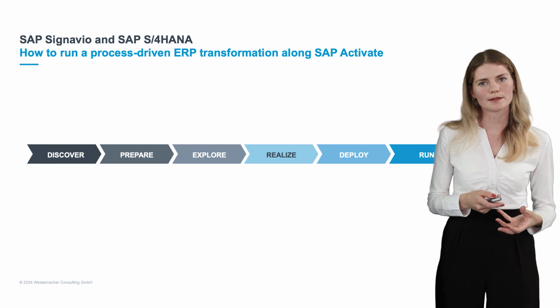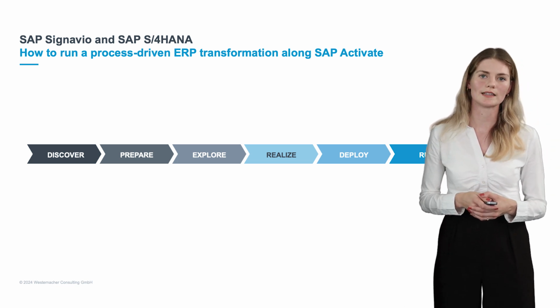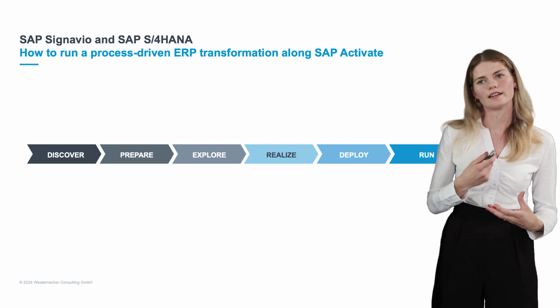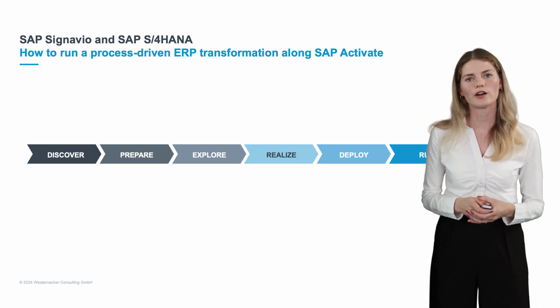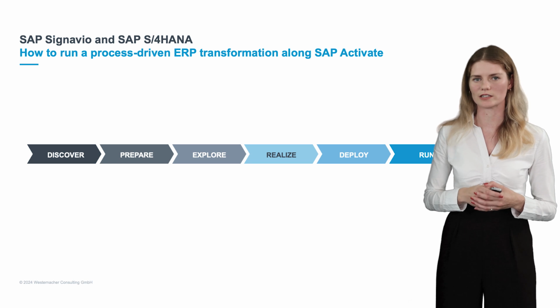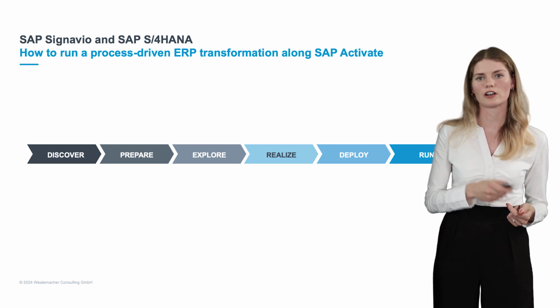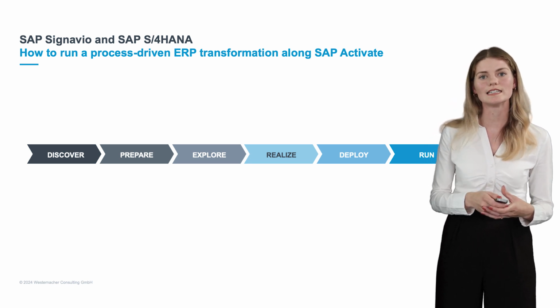But how can SAP Signavio help to guide you through your transformation to SAP S/4HANA? You don't want to rush into an implementation without a clear plan or vision. Therefore, the SAP Activate methodology is there for you. We have 6 different phases from discover to run, and Activate will help you improve quality and success.